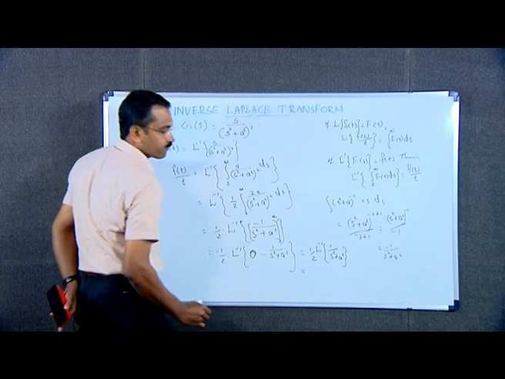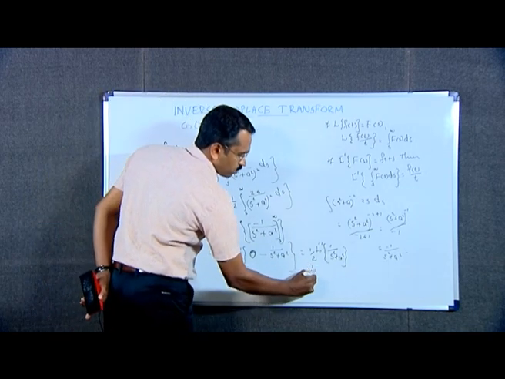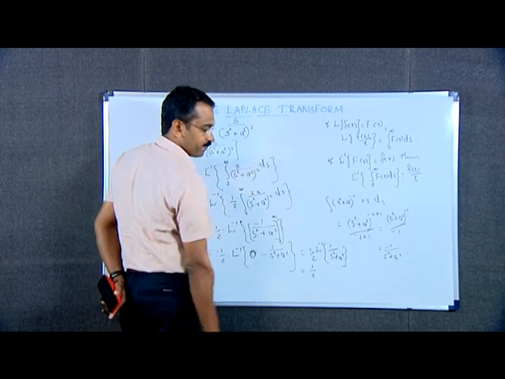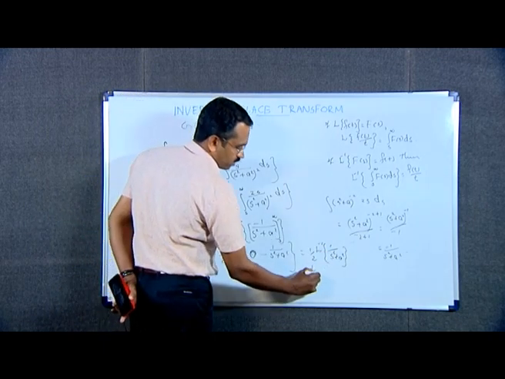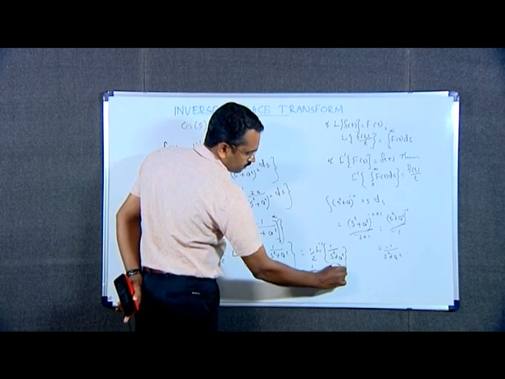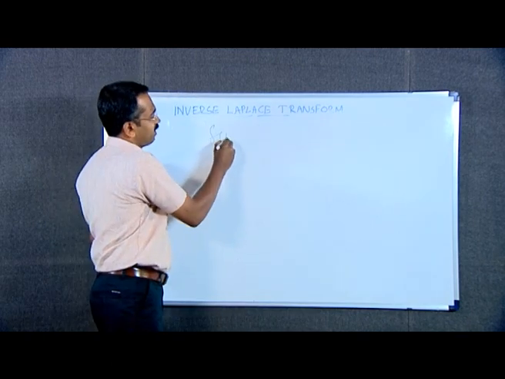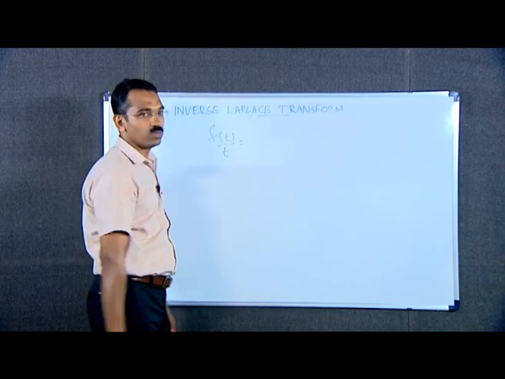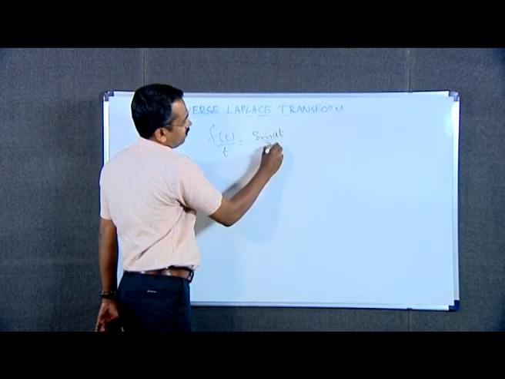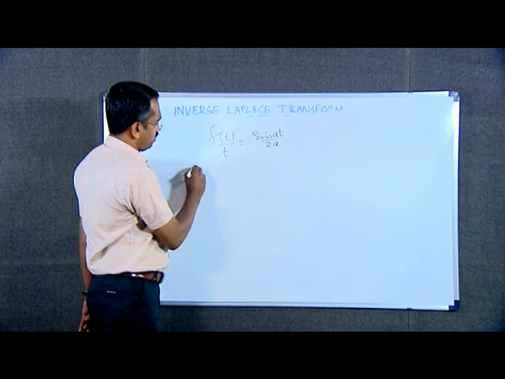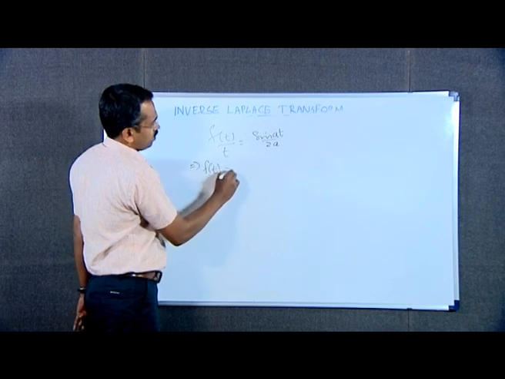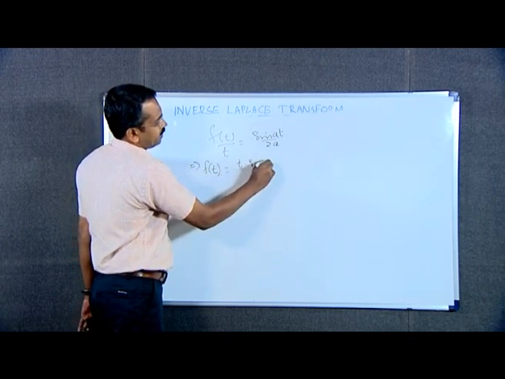That is equal to 1 by 2 into L inverse of 1 by s square plus a square, which is 1 by a sin at. Therefore, 1 by 2a into sin at. That is f of t divided by t is equal to sin at divided by 2a, which implies f of t is equal to t into sin at divided by 2a.